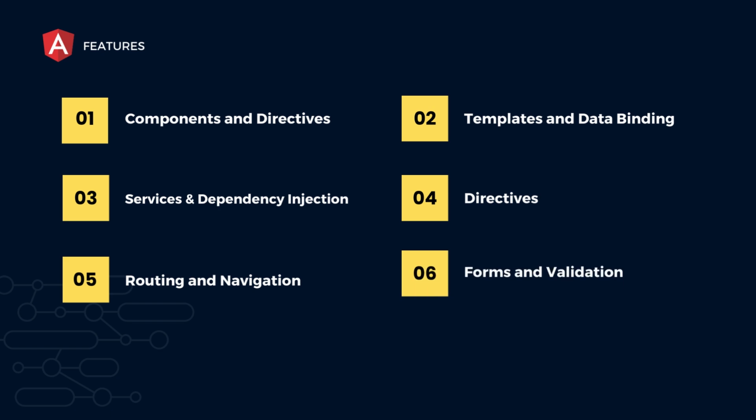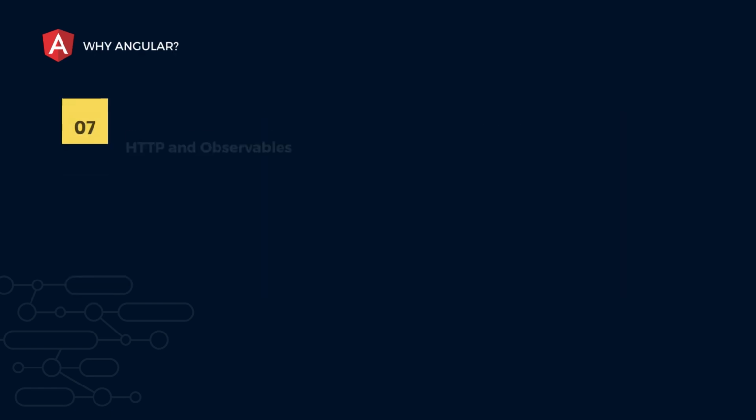Forms and validation. Forms provide a way to encapsulate input controls, while validation ensures that user input is correct and meets certain criteria. Angular provides a rich set of features for defining and implementing forms and validation logic. HTTP and observables.